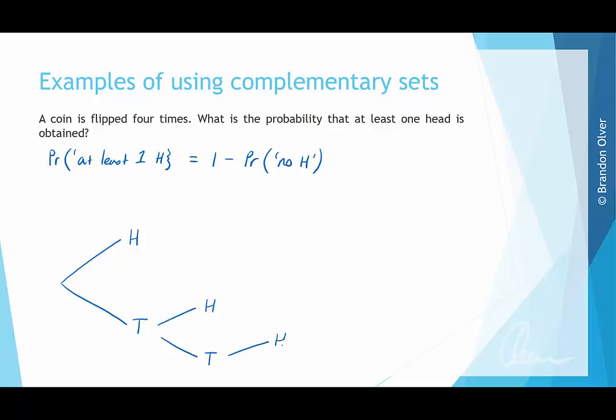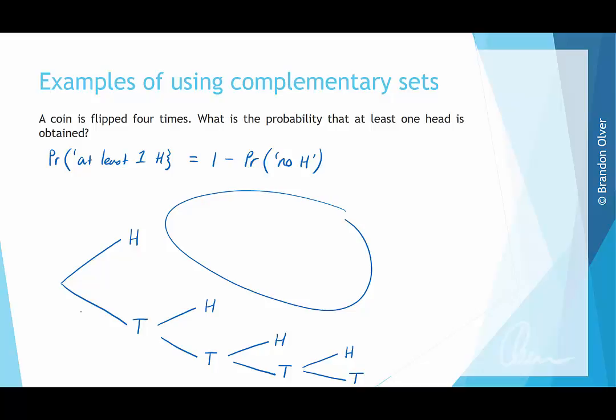Then we could go head and tail once again on our third flip, head or tail on our last flip. So we've got all of this tree diagram that we don't actually have to write out because we're going to consider the complement of our event.